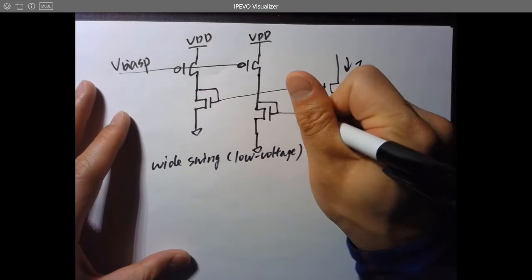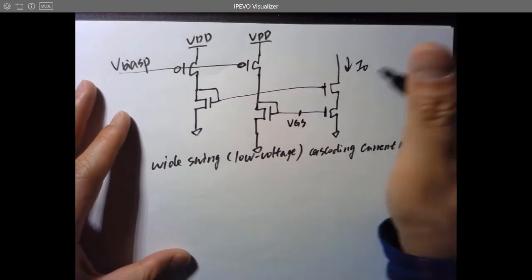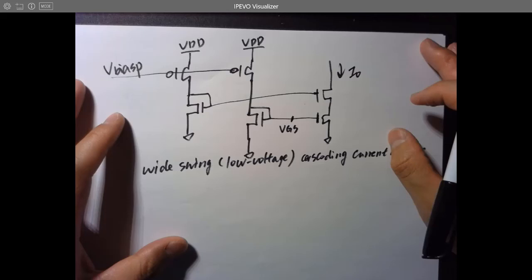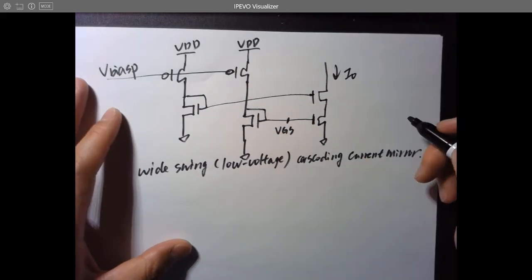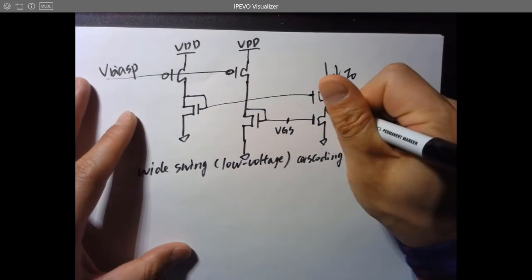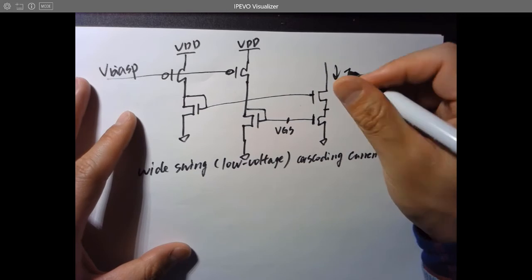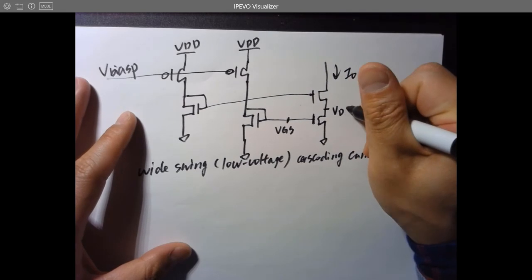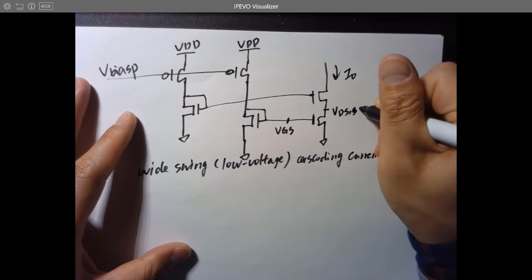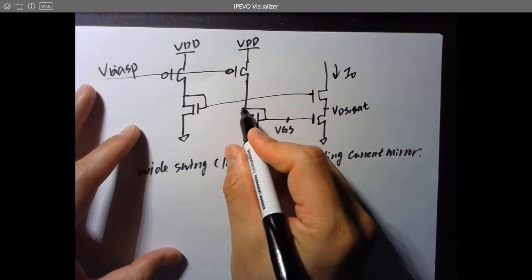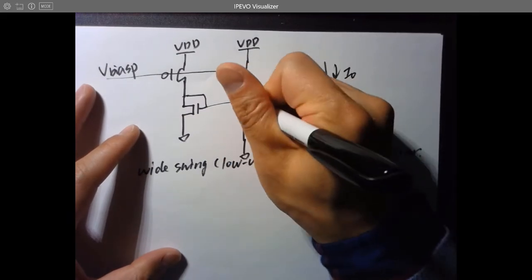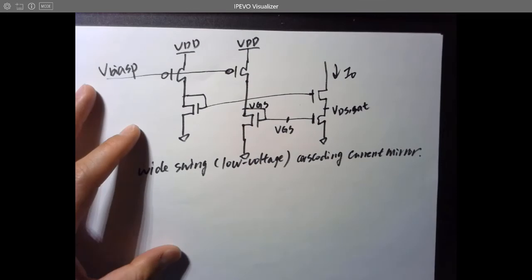So now let's start from here. Let's call it VGS. So this VGS will bias these two transistors correctly, for example. And here is VDS set. It's one time of VDS set. So what's the voltage here? It's also VGS. And what about here?